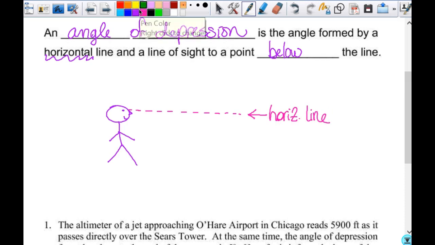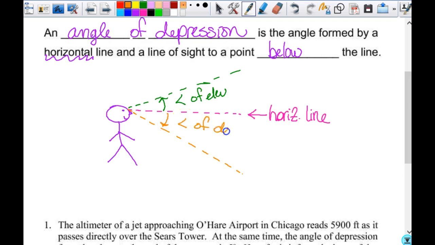Then, when he looks up, that right there is your angle of elevation. Angle of elevation from the horizontal. When he looks down, this right here is your angle of depression. Everybody good on that?